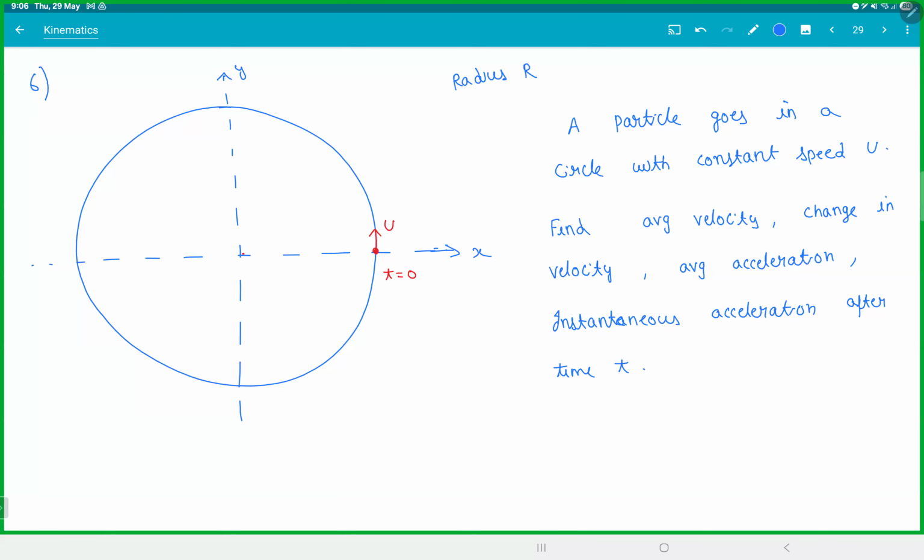What is change in velocity? V final minus V initial. Aditi, you got the magnitude right. Trishi, clear with this? Try. Finish off and get the average acceleration then, if you got the velocity. Arya, keep your cam on.